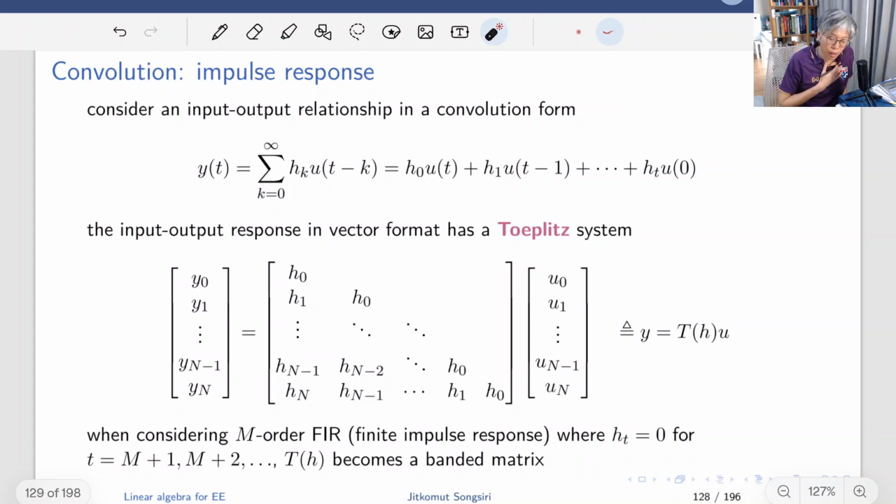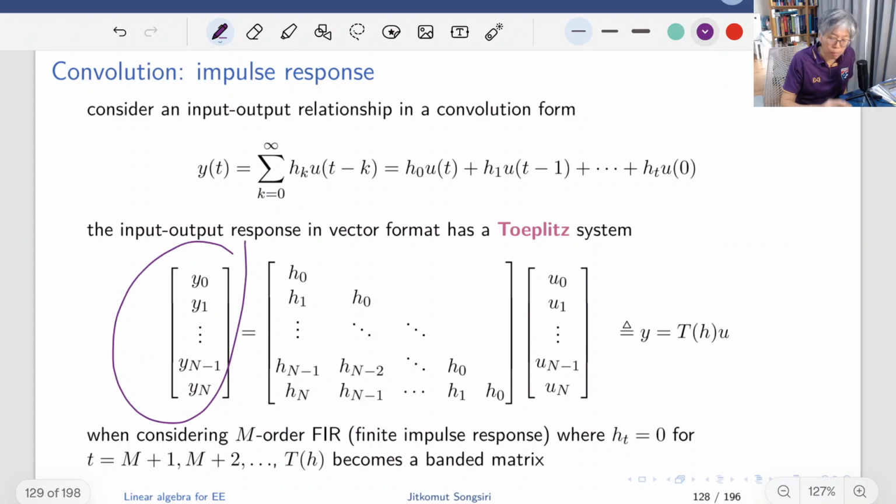So this is an example of the convolution sum in terms of the vector equation. A lot of times we have this question in mind: if we want to drive y to a particular point, what would be the sequence of u that drives our system to the target? Suppose we have the target on the left hand side.